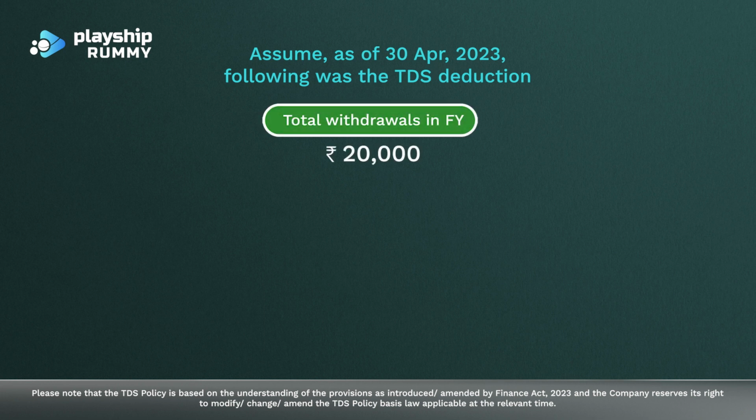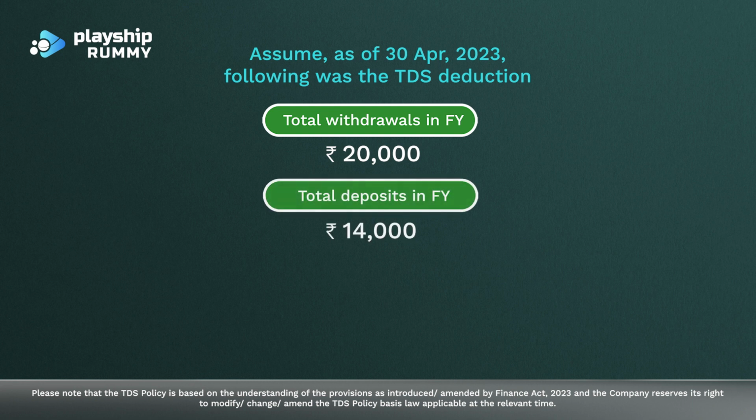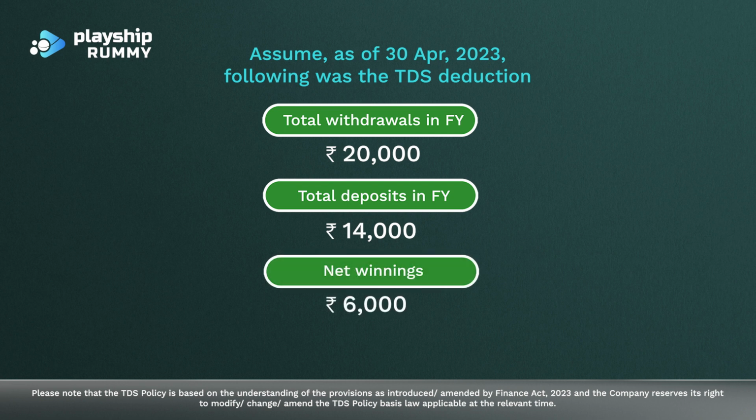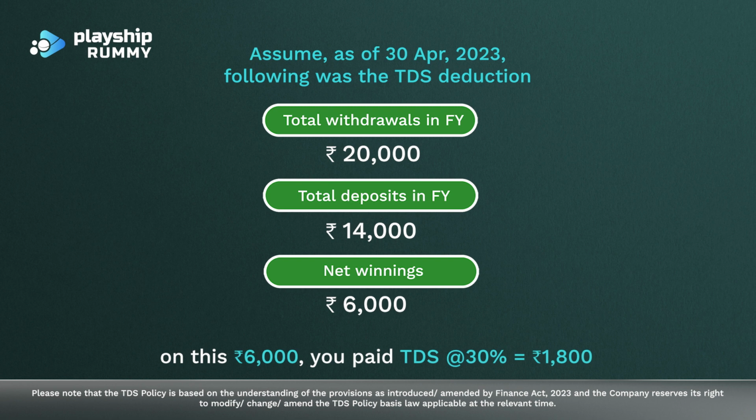Total withdrawals in the financial year is equal to Rs 20,000. Total deposits in the financial year is equal to Rs 14,000. So your net winnings are Rs 6,000. And on this Rs 6,000, you have paid TDS at the rate of 30%, which is equal to Rs 1,800.